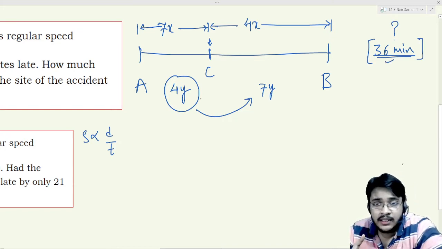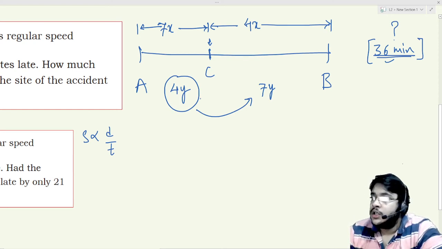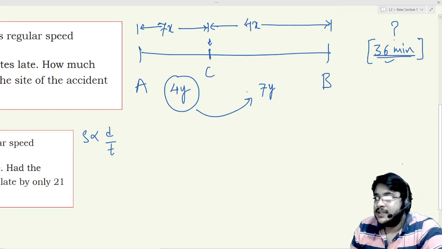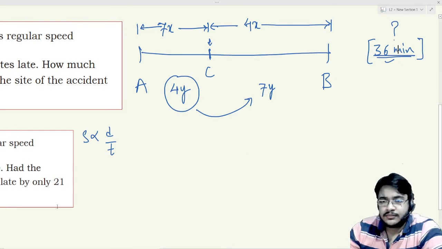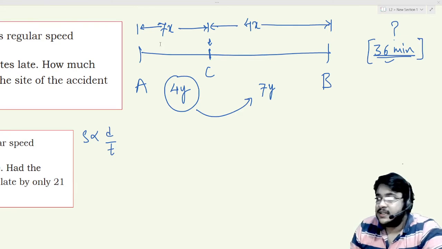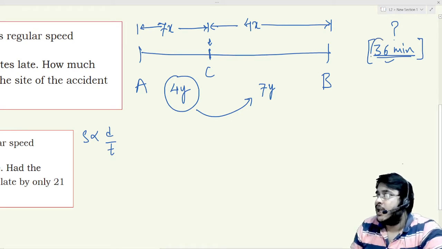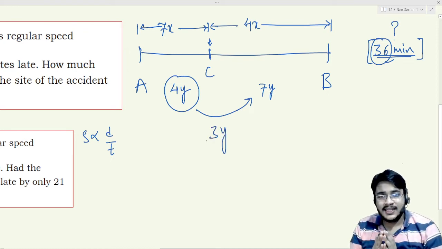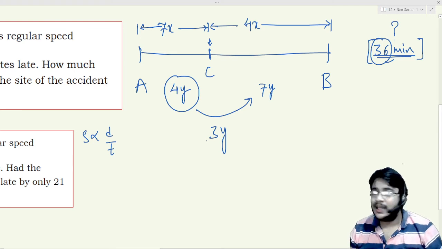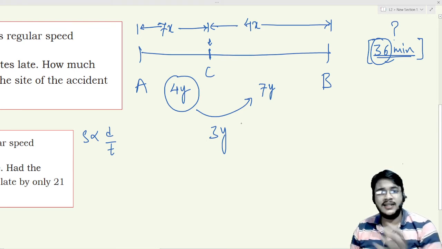I hope you can understand where I am taking you. The difference in the time is precisely the reason. The difference in this absolute time is why it is late by 36 minutes. And what is that difference? 7y minus 4y, that is 3y. So the time gets dilated by 3y, and for that it is late by 36 minutes.